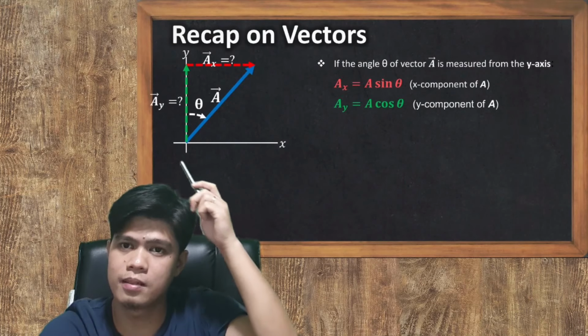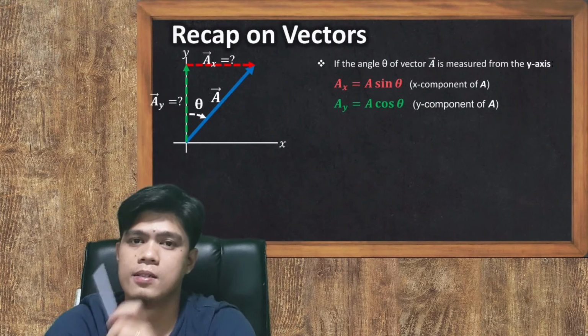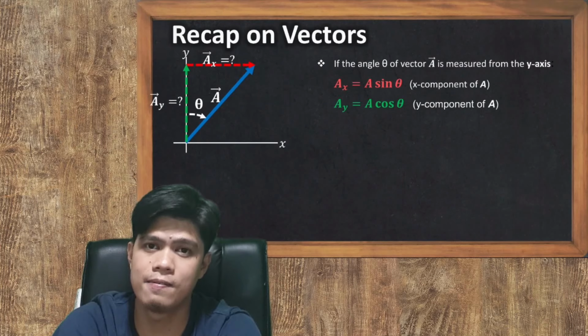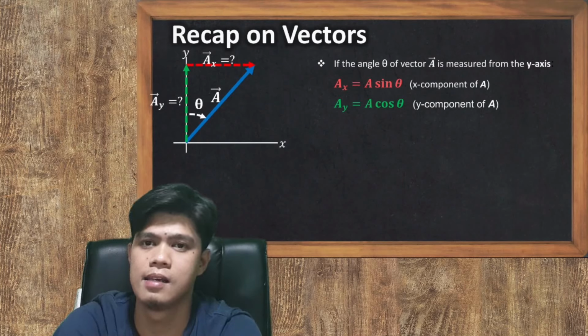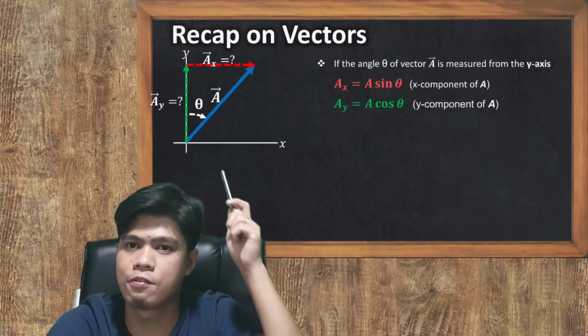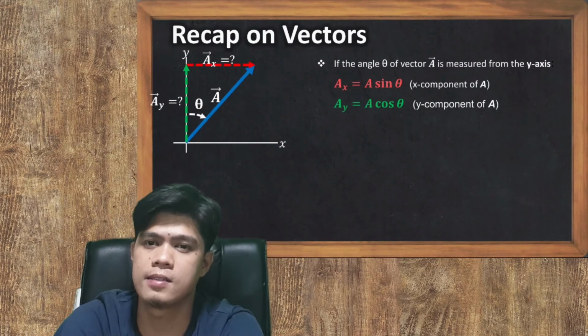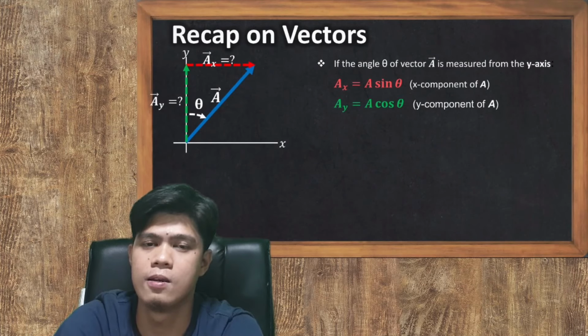In the third quadrant, both of them are negative, so AX is equal to negative A sine theta, and AY is equal to negative A cosine theta. And in the fourth quadrant, AX is equal to A sine theta, and AY is equal to negative A cosine theta.